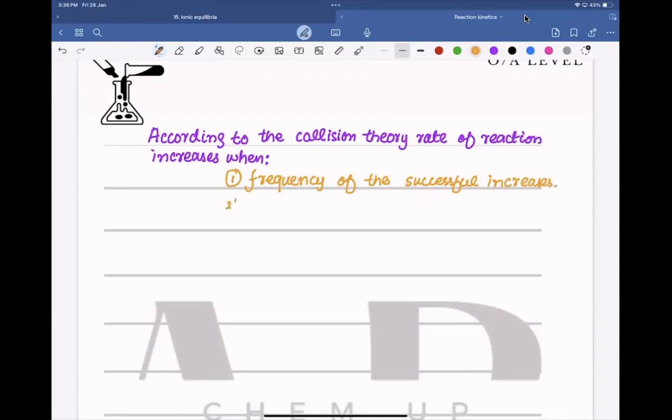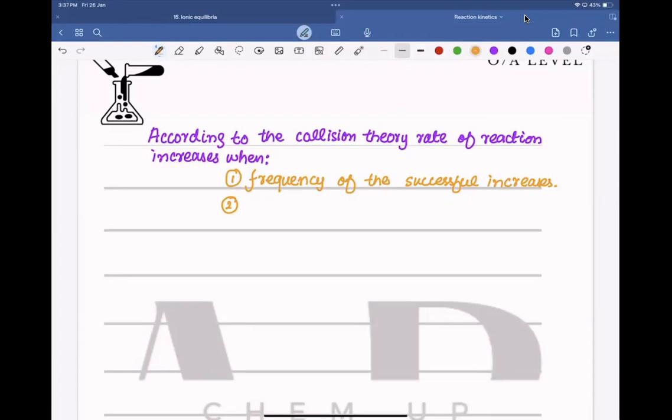Then the other thing is that if we have a higher proportion of the molecules having energy equal to or greater than activation energy, then it will also lead to more successful collisions per unit time and hence the rate will increase.